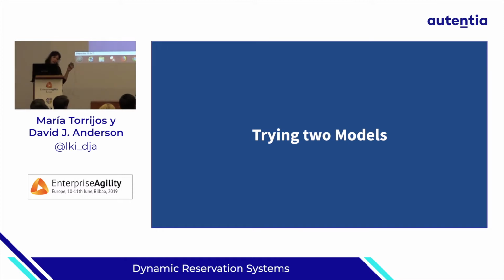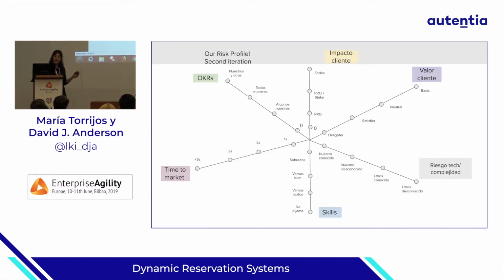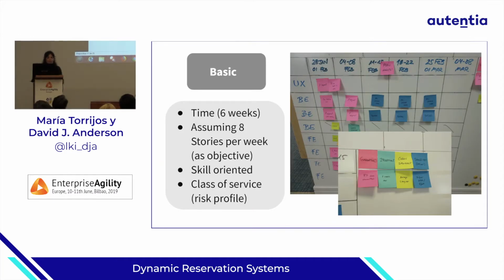Of the two models, first we tried the basic one for them to understand what the real outcome was. That was based on risk profiling. This was the first stage of defining our classes of service in the reservation system, based on risk profile. The risk profile concept deserves another workshop maybe.